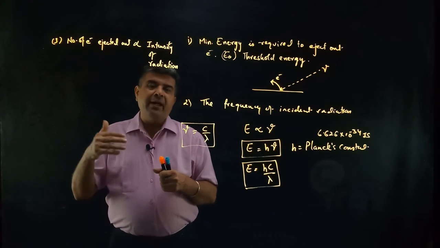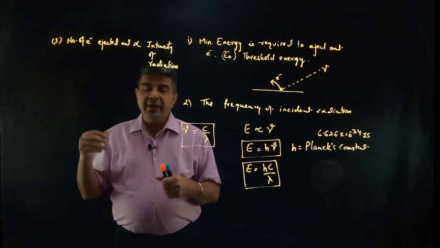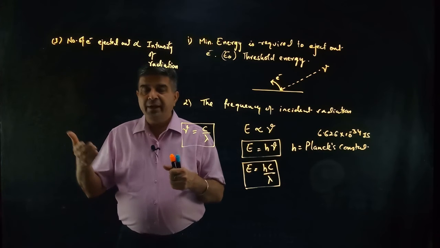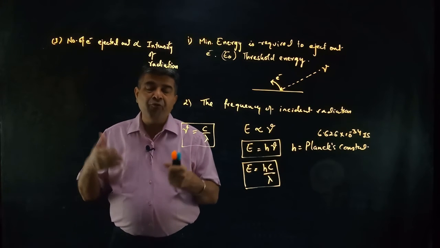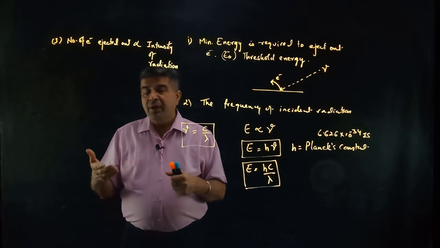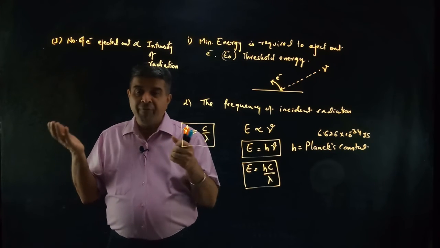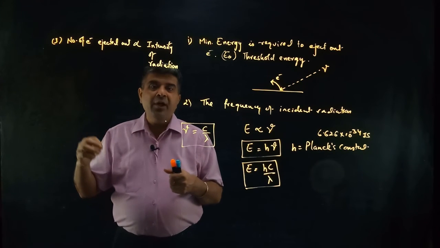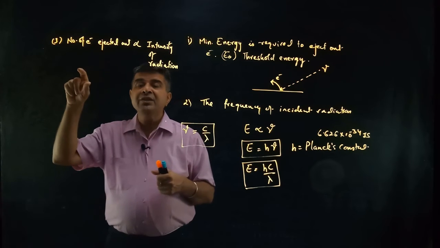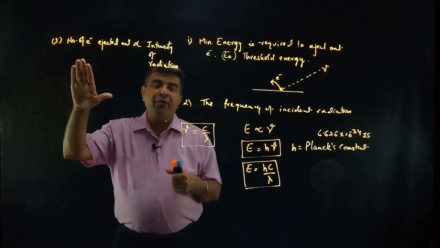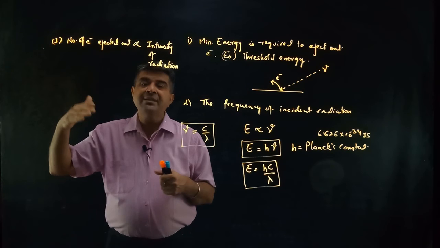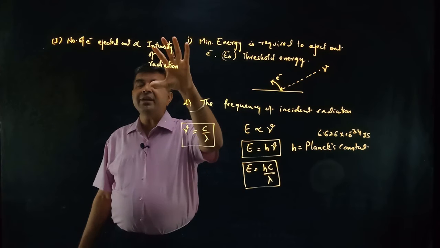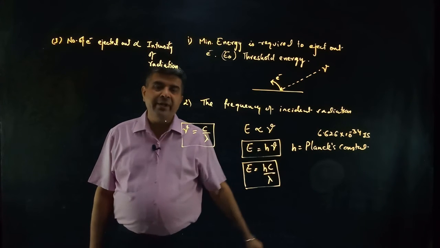But say you take that calculator on a Purnamashi day, that is full moon. What would happen? Would the calculator function? No, it will not function. White light is falling on that calculator, but the intensity of white light is very less. So the number of electrons ejecting out is not as required, and it would not function. So intensity of radiation is very important.